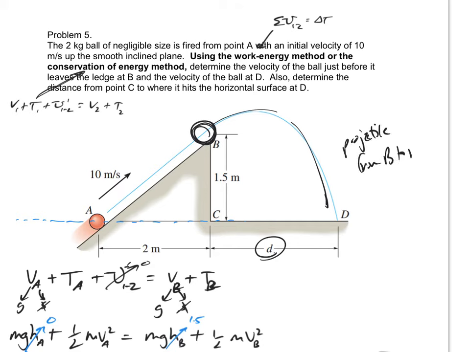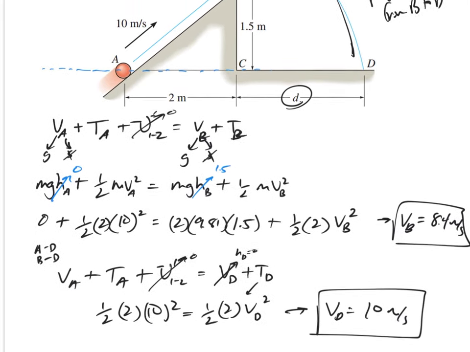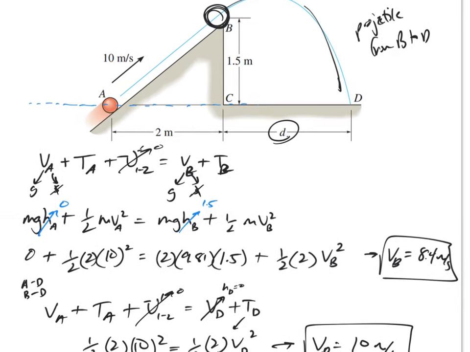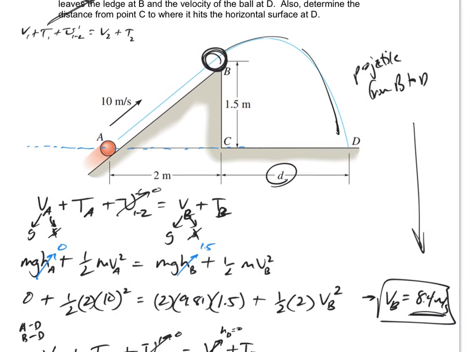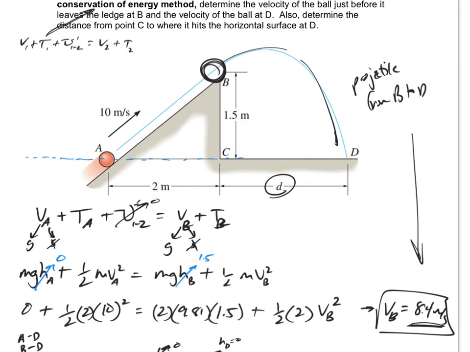And I know all the information at B. I know that the velocity at B is 8.4 meters per second. So this is a new problem. I've got a projectile that starts up at B. It starts with a velocity of 8.4 meters per second. And so I need to find the distance D. So I'm going to look at this as a projectile problem.